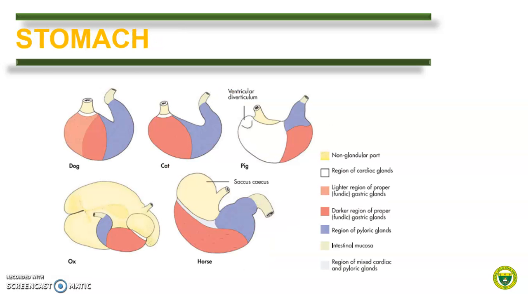Now let's discuss the stomach. The stomach of domestic animals vary considerably in form and distribution of the different types of the mucosal lining of the said organ. Glandular stomach are lined only by glandular epithelium, while composite stomach have an area of glandular and non-glandular mucosa.